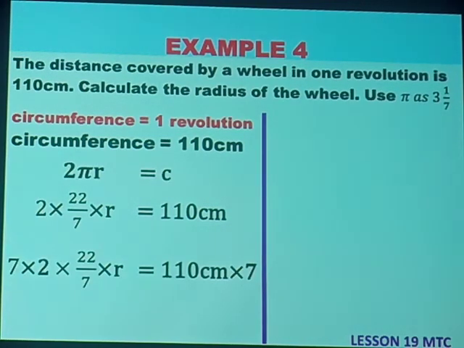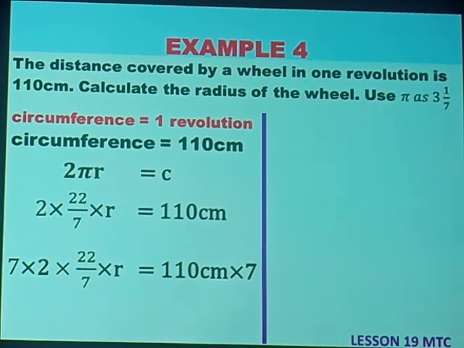Next step. We shall multiply throughout by 7, whereby we have 7 times 2 times 22/7 times r, our radius, equal to 110 centimeters times 7.